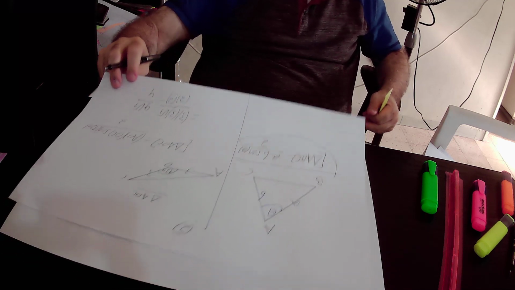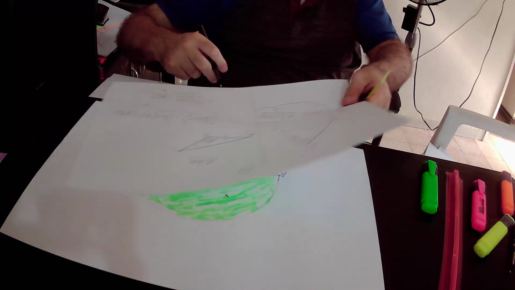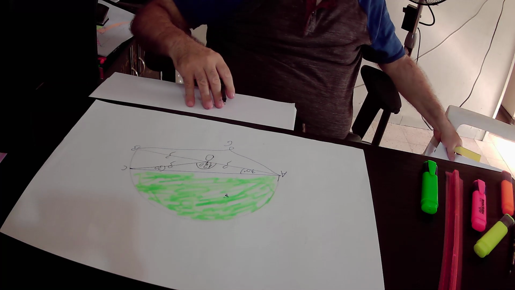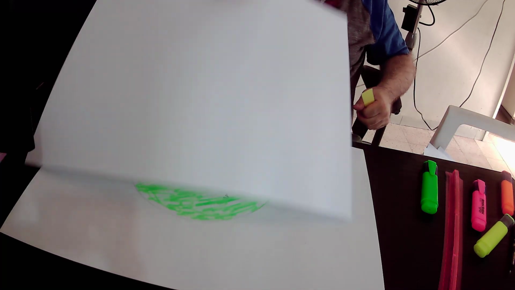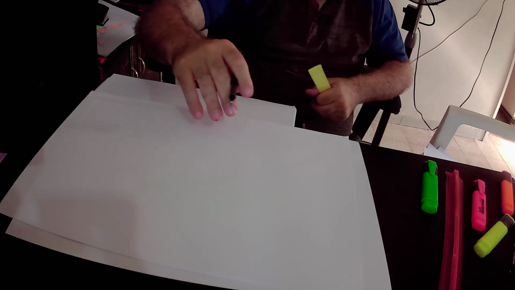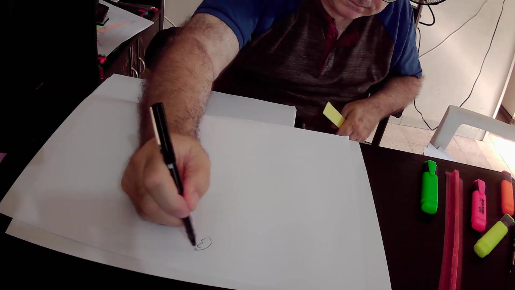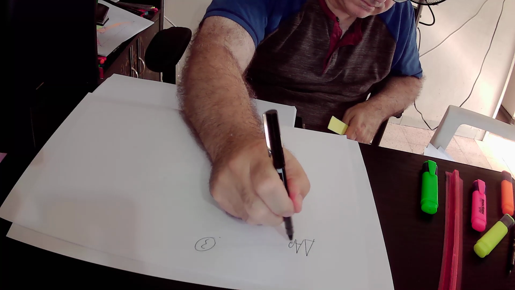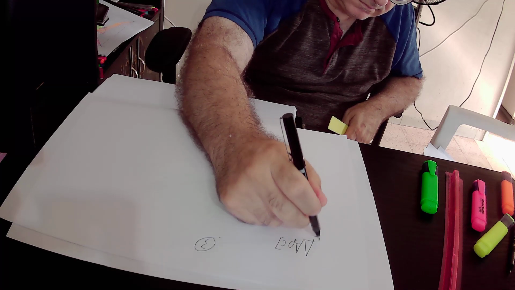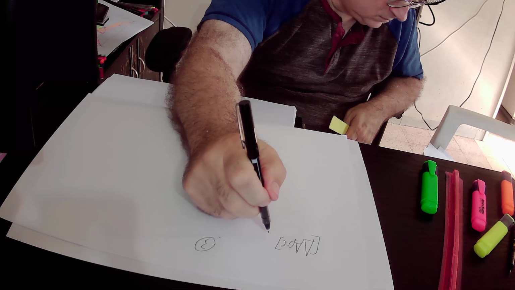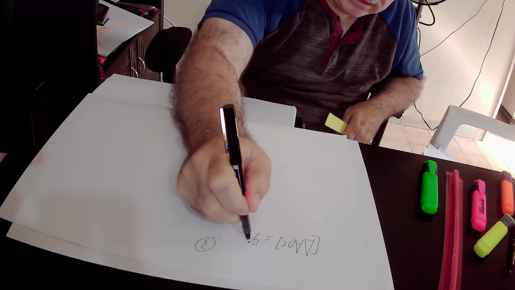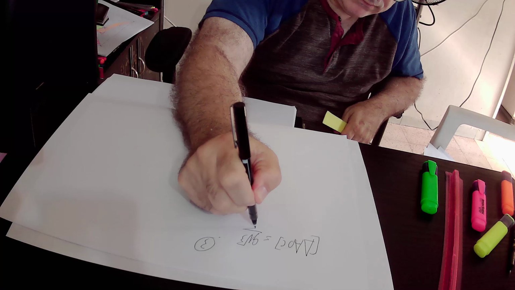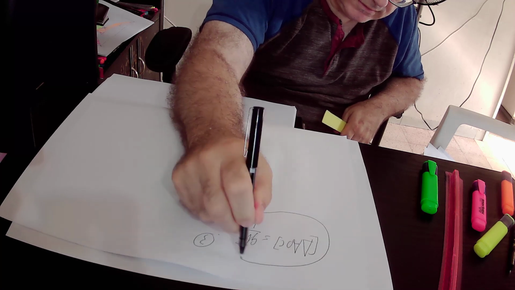So we actually found out that the area of this triangle AOC equals 9 times square root of 3 over 4 square units.